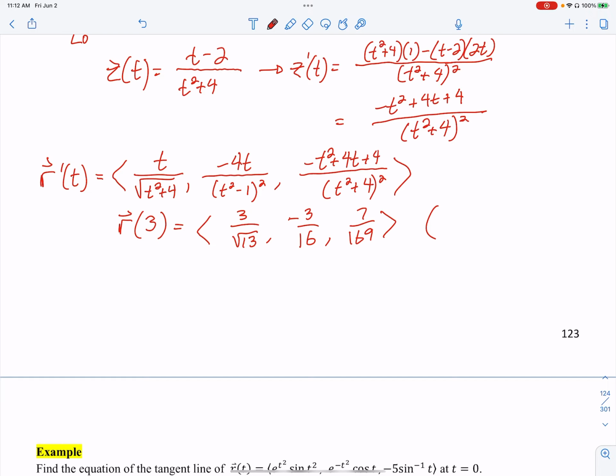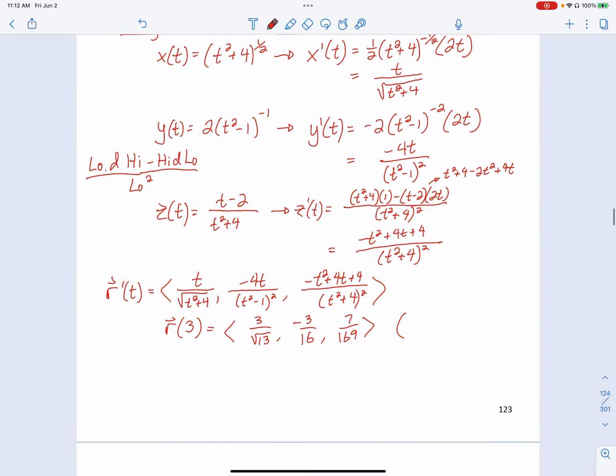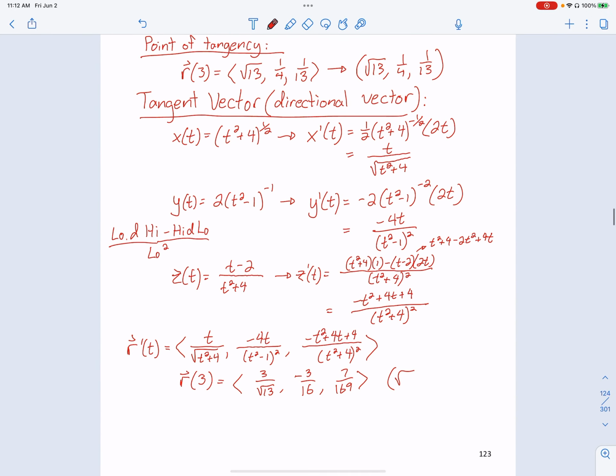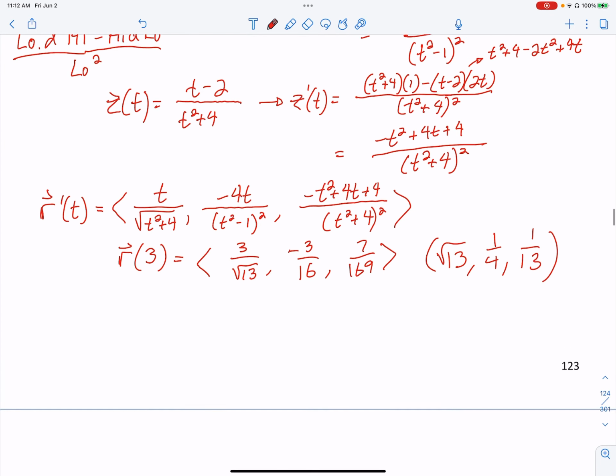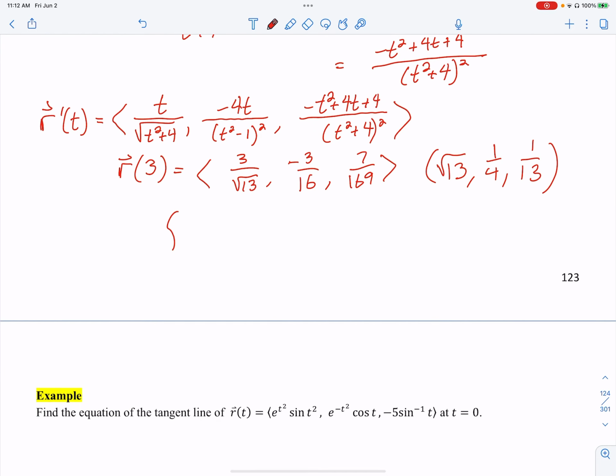Okay, I also have a point of tangency that we had. Where'd that go? It was the square root of 13, 1/4, and 1/13. So they want the equation of the tangent line. So remember, we describe the equation of a tangent line as parametric equations of x, y, and z. And then what we were going to do is radical 13 plus 3 over radical 13 t.